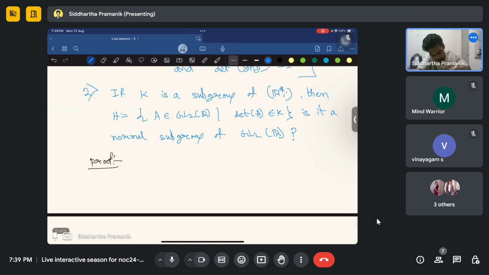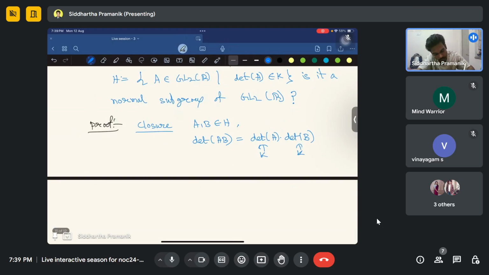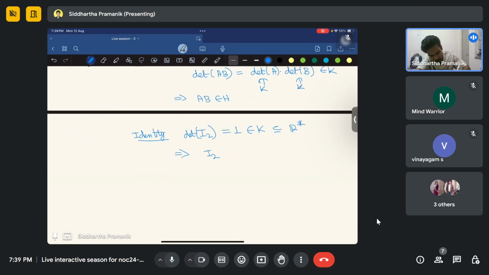For closure, let's say A, B are in H. Then determinant of AB is the same as determinant of A times determinant of B, but both are in K. So their product is also in K. So AB belongs to H. And definitely the identity matrix has determinant 1, which is in K, because K is a subgroup of R star. So identity is in H.